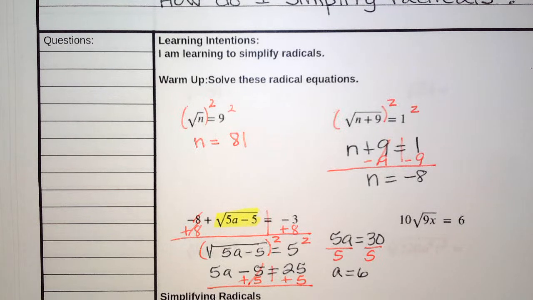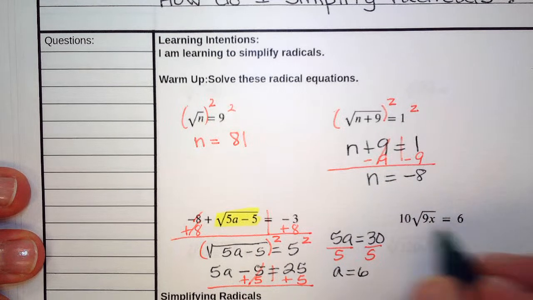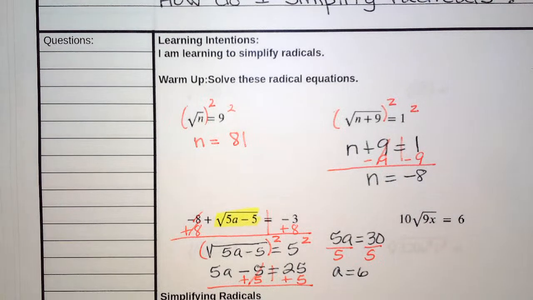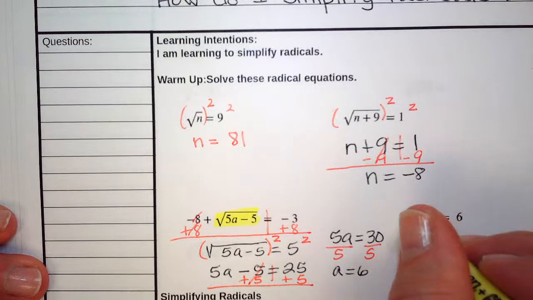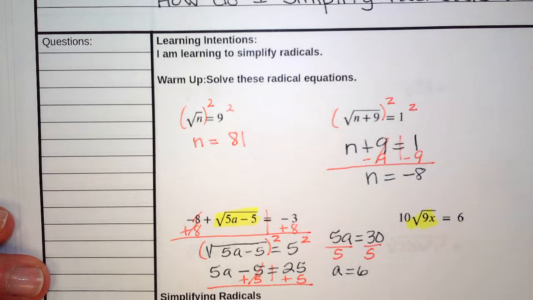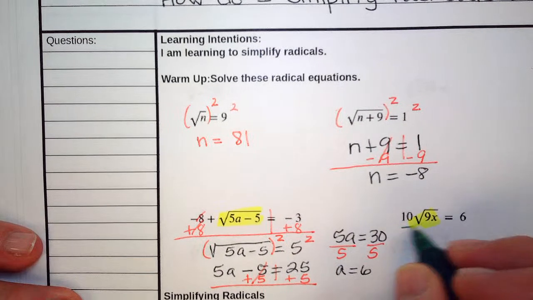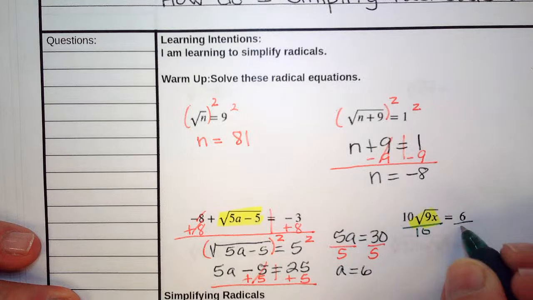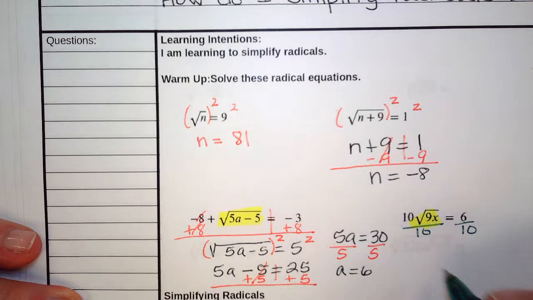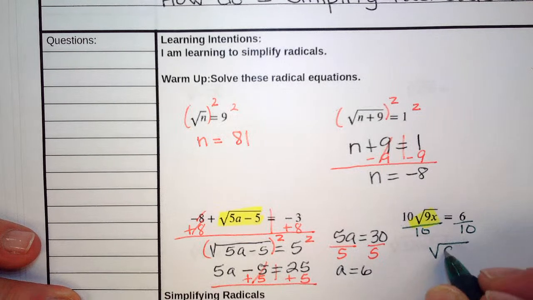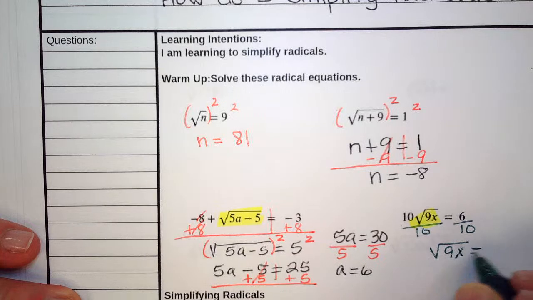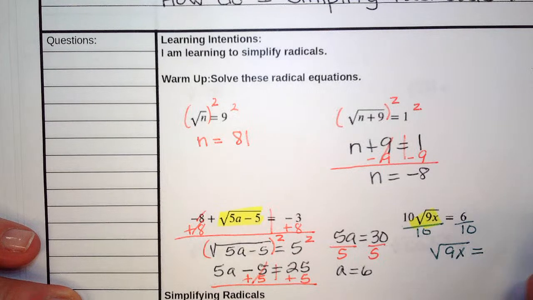Okay, for the next one, what are we going to do? Well, we've got to get the square root of 9x by itself. So I'm going to divide by 10 on both sides. The square root of 9x is equal to 6 over 10, which will reduce down to 3 over 5.